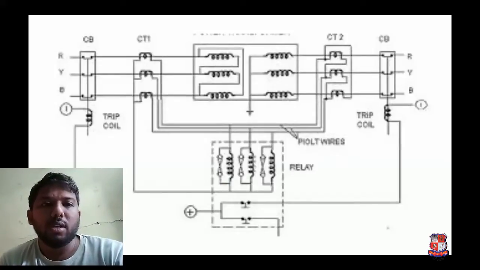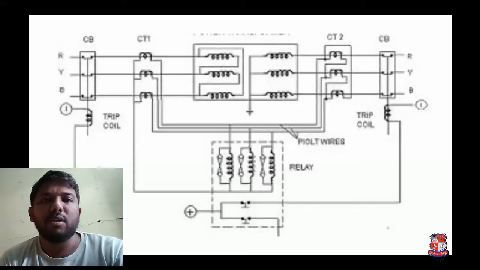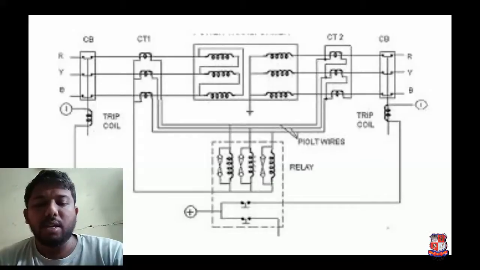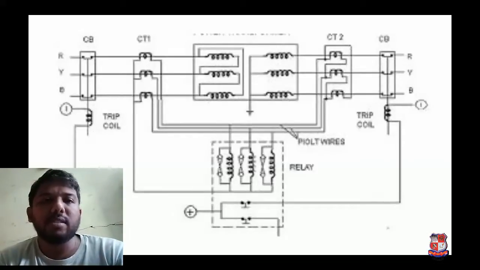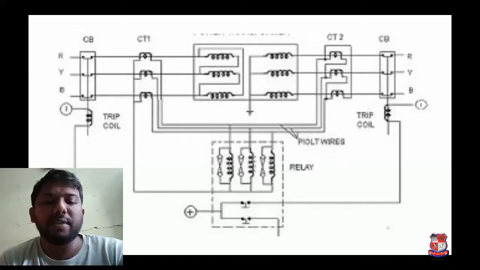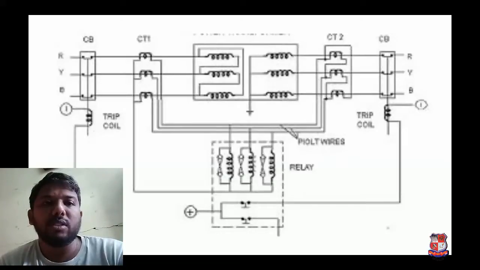This figure shows the schematic diagram of differential protection for power transformer. The power transformer is a delta star connected power transformer which is protected by differential protective scheme.